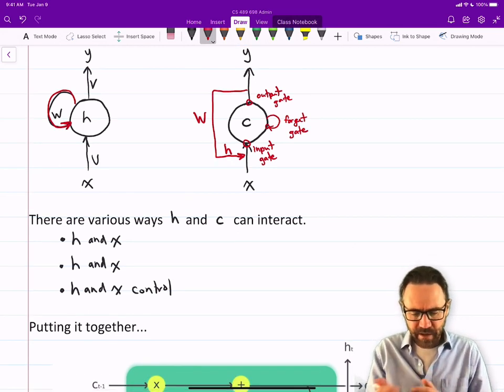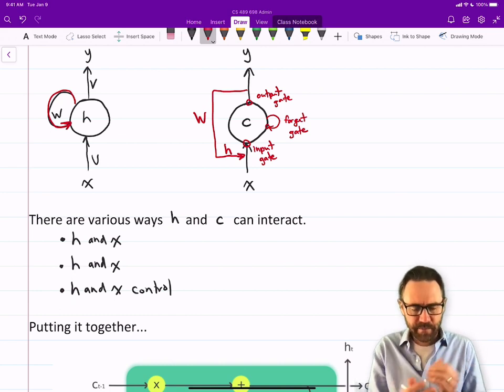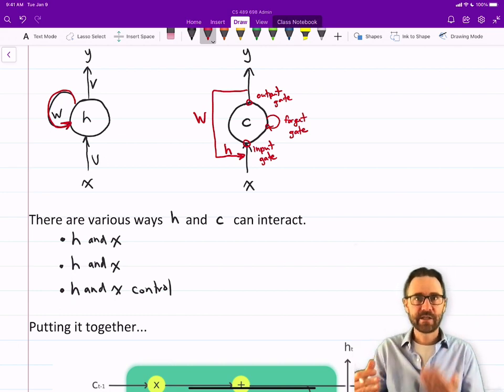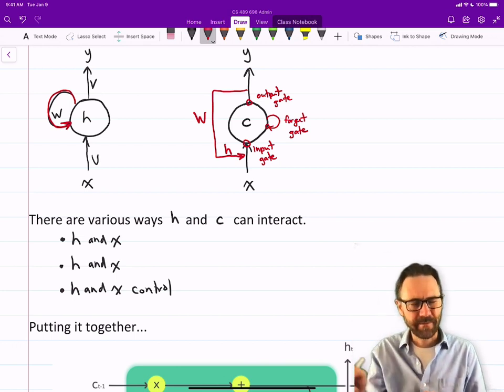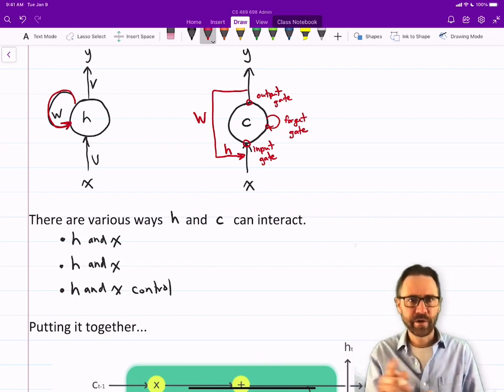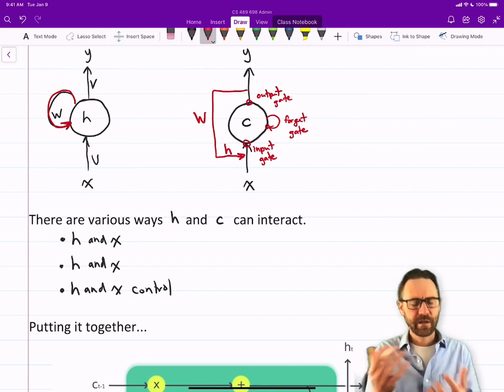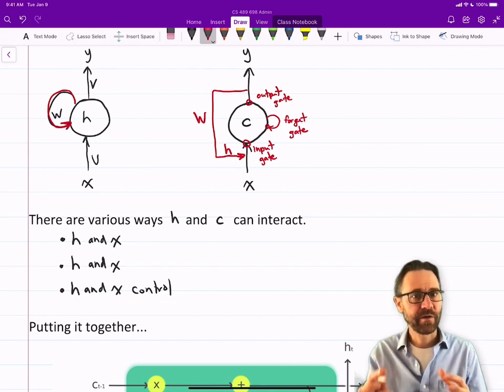So you'll see that at the input gate, coming in from the bottom, there are two different things, H and X. X is like the input from the sequence, and H is kind of a recycled, decoded, recurrent connection. So they can work together and interact in various ways.